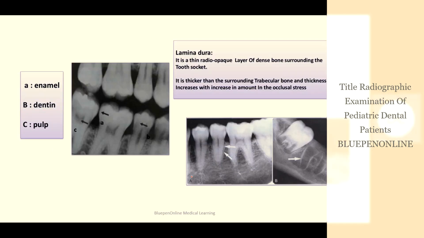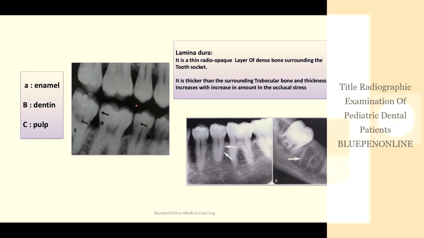In a radiograph, we see certain radio-opaque structures as well as radiolucent structures. So these radio-opaque structures will appear in white color, whereas radiolucent will be the dark or the black color. And this radio-opacity will depend upon the density of the material. So the denser it is, the more radio-opaque it will be.